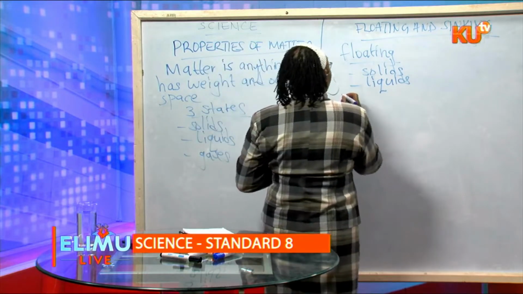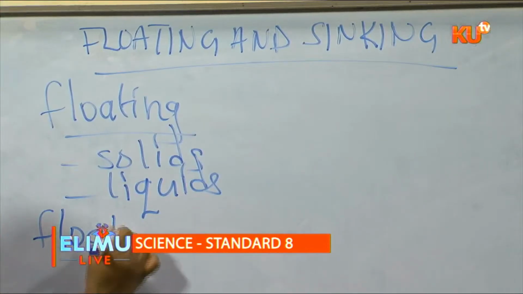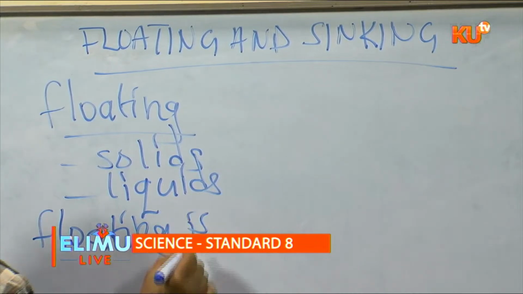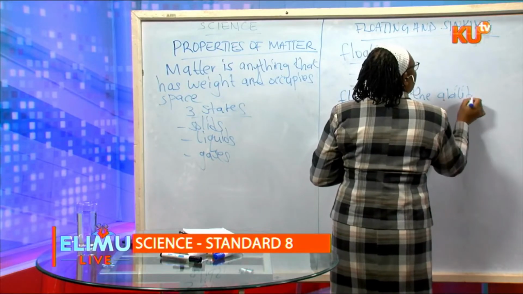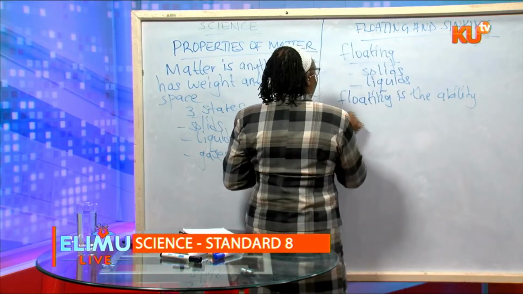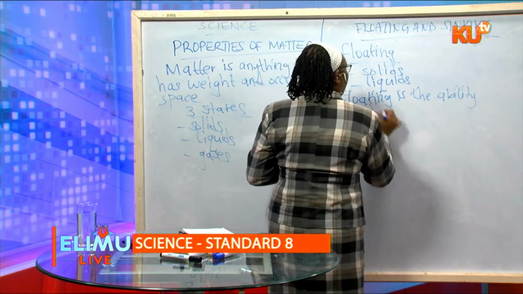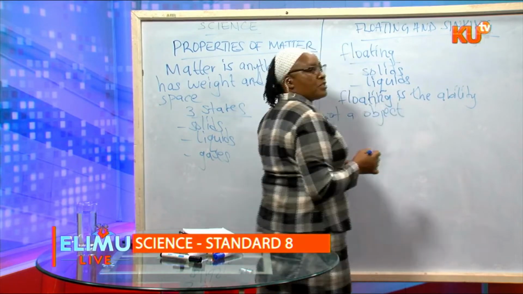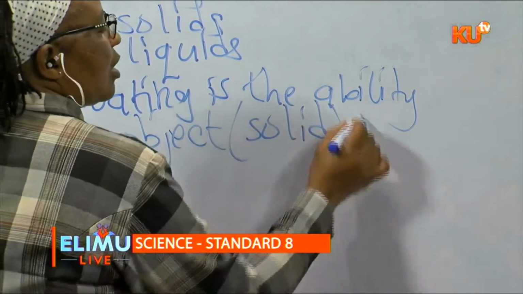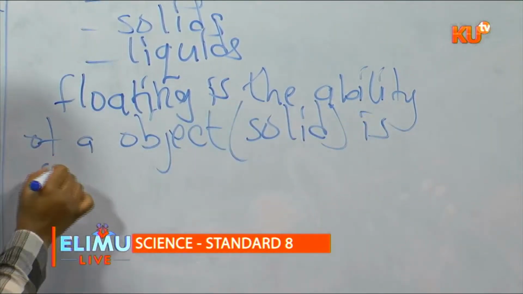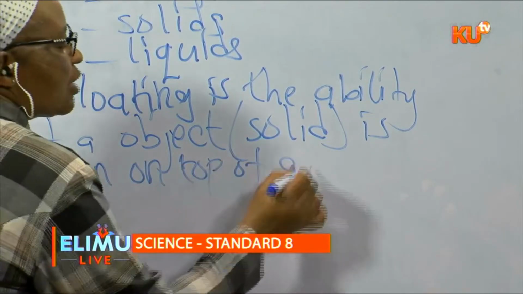So in this case, we say that floating is the ability of an object, in this case a solid, to be seen on top of a liquid.